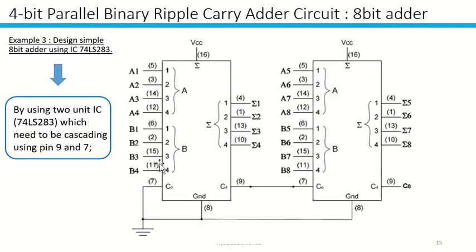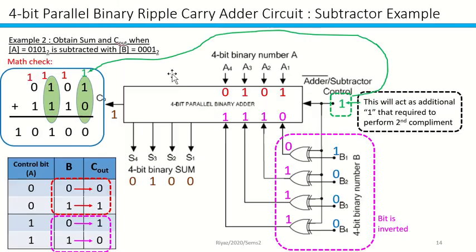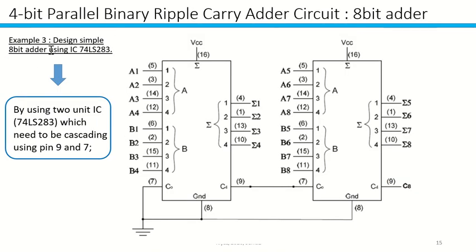Right, this is an example of how you can do 4-bit parallel binary using an adder. If you need to do 8 bits, because all the time we are only analyzing bit 1, bit 2, bit 3, bit 4, you can use this method to do 8 bits. So you need to use 2 units of IC 74LS283 by cascading pin number 9 and 7.